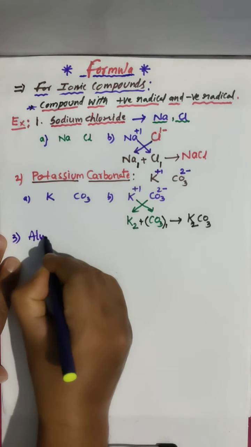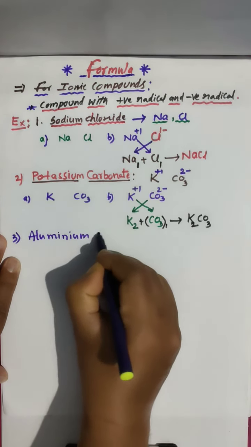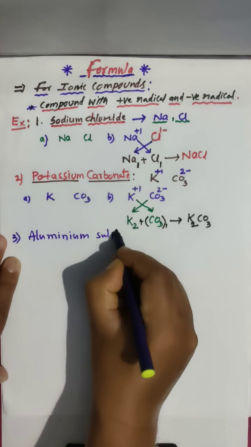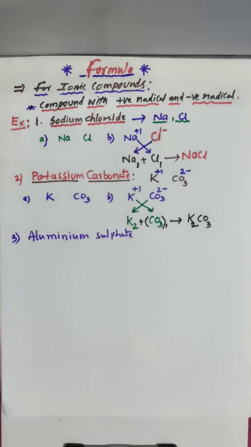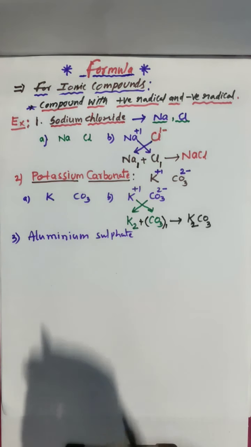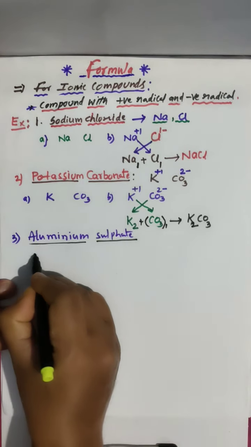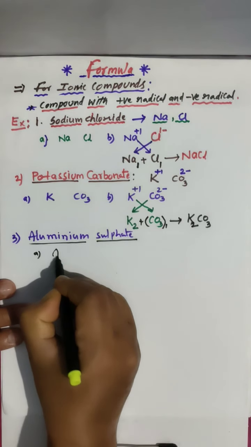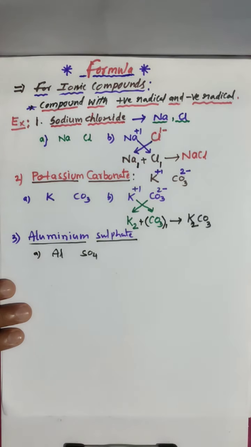You go for aluminium sulfate. Aluminium sulfate. Very easy. Step 1, we write aluminium and sulfate.